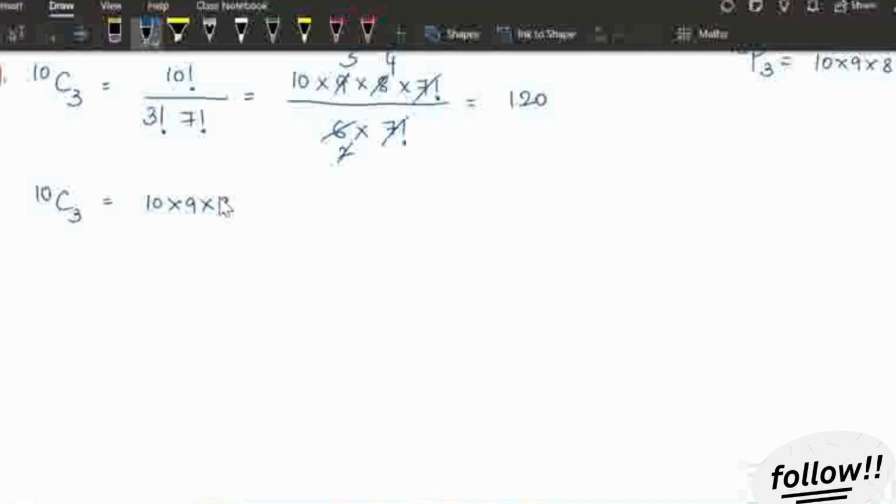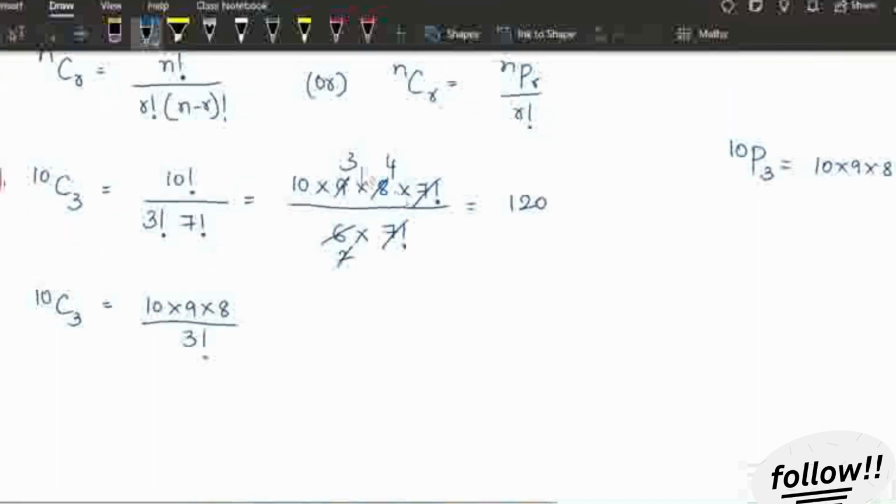This is your permutation. Divide this by r factorial to get combination. So we are getting to this point without substituting the formula. It is acceptable even in descriptive answers. In your solution, if in the final step you are getting something like 10C3, you can directly write 10 into 9 into 8 by 3 factorial, then cancel and get the answer as 120. This is how you simplify.